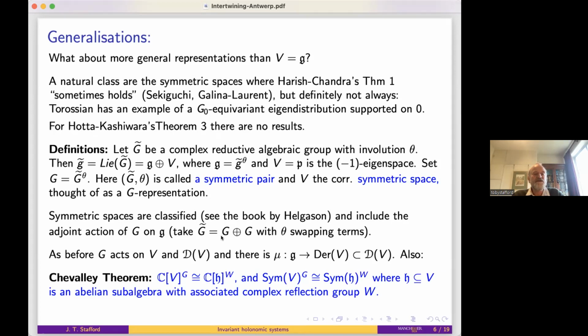The G-invariant functions on V are isomorphic to W-invariant functions on H, where H now is a certain subspace of V, which thought of as sitting inside G tilde is an abelian Lie algebra. And there's an associated little Weyl group, an associated complex reflection group, again, which I'll call W.